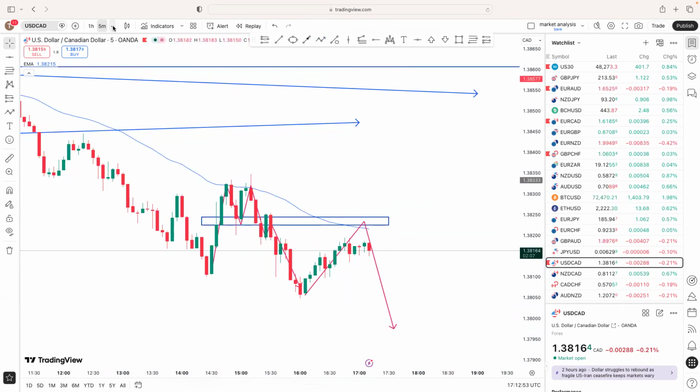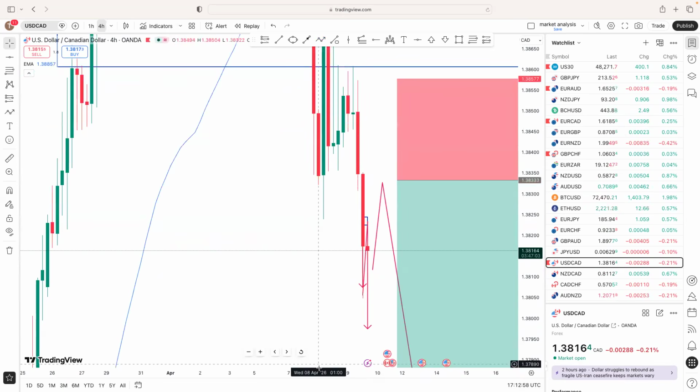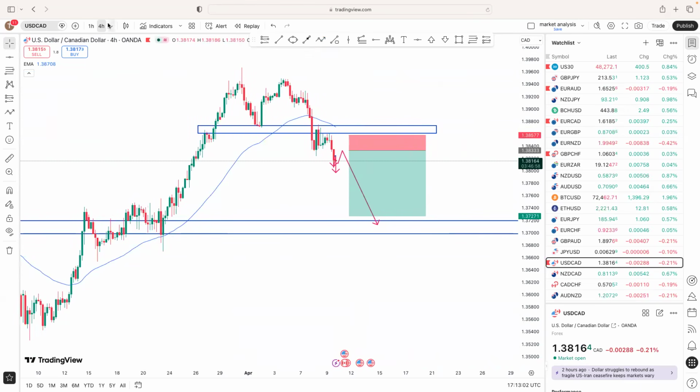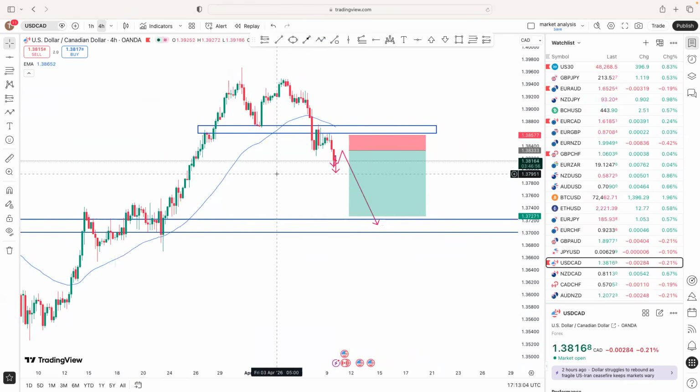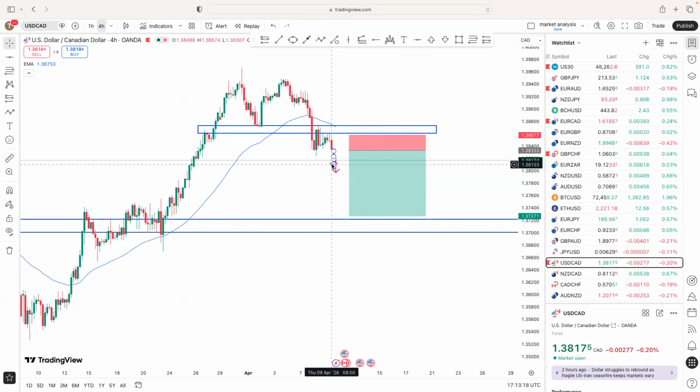Now, I want to go check at 4 hour if it corresponds with what we are looking for. Can you see? No, it doesn't. It looks like we might not completely go back there. Let me remove this one, and then we're going to draw a new one so we can see which one actually is which.